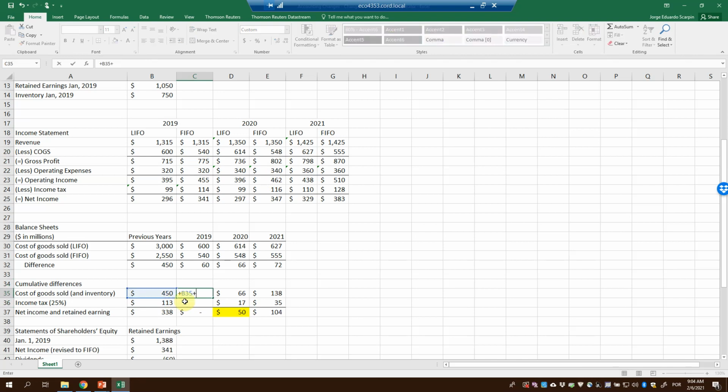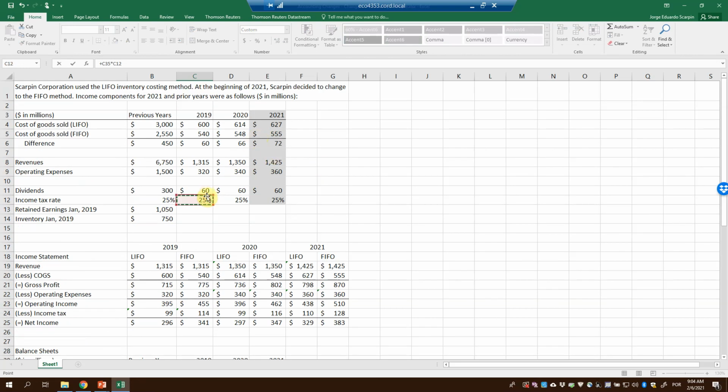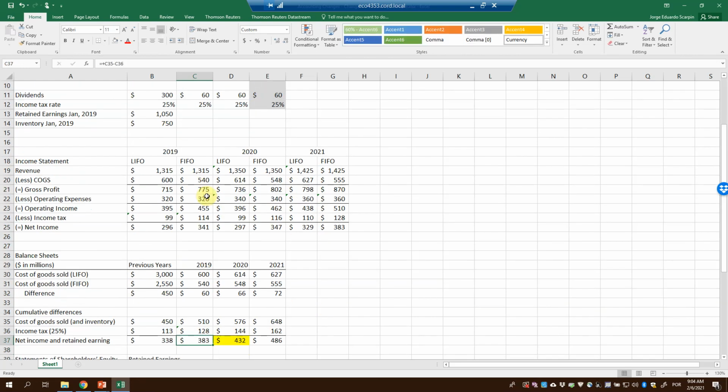Cumulative difference, beginning balance plus 2019. Income tax, 510 times 25%. And net income and retained earnings, the difference between cost of goods sold and income tax. Okay?